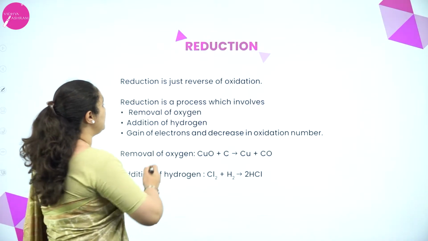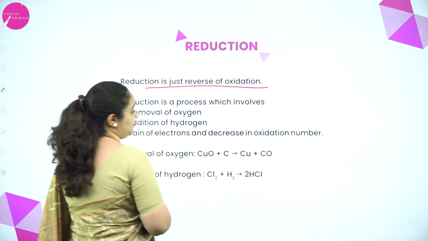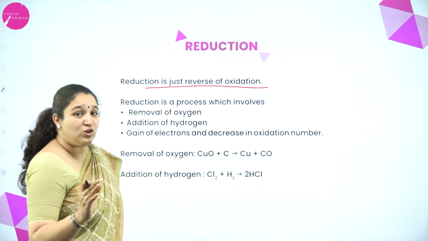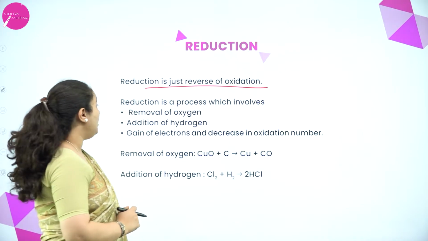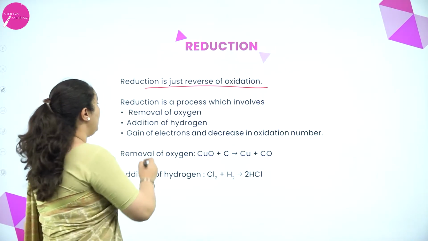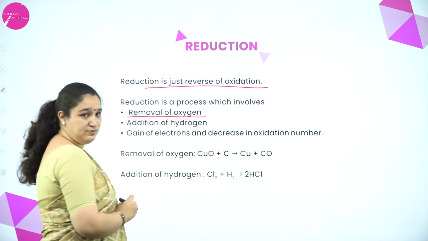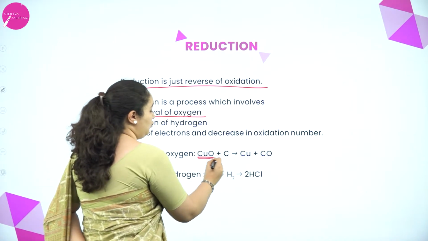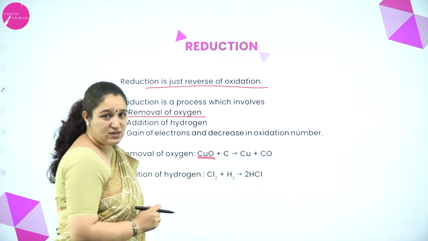So reduction is just the reverse of oxidation. But you can't write the definition like this. It is only for you all to understand. So what is reduction? Reduction is a process which involves removal of oxygen. For example, CuO, that is cupric oxide.